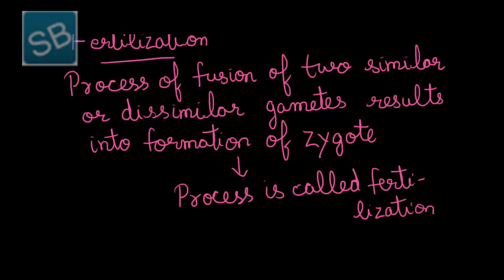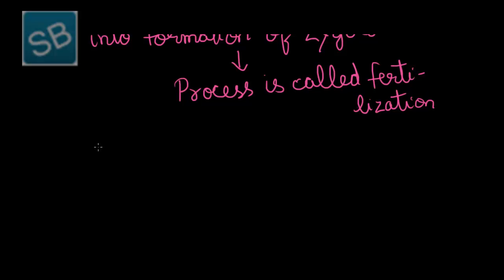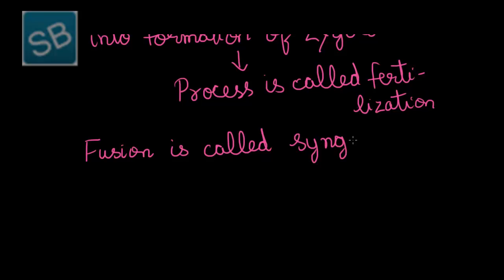And the type of fusion that occurs by the combination of two similar or dissimilar gametes is known as syngamy. As said earlier, each gamete, whether male or female, possesses n number of chromosomes, that is, haploid in nature.